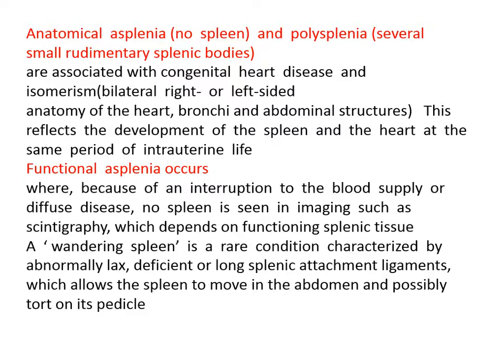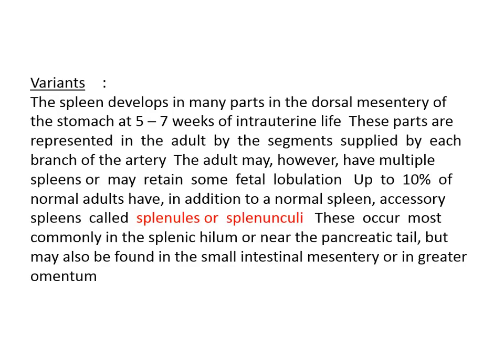Sometimes some diseases cause the spleen to die, resulting in asplenia, but it is a functional asplenia. Functional splenectomy. There is no surgery. Just the spleen is not working, it's dead for any reason. And you can have spleniuli or spleniculi, small mass-like spleens in the abdomen around the spleen.